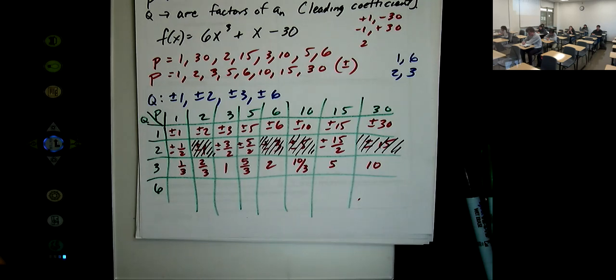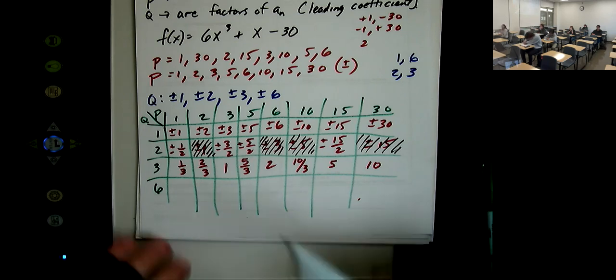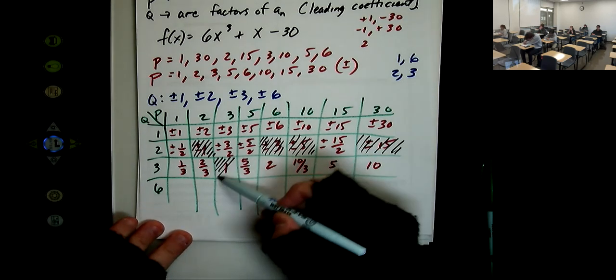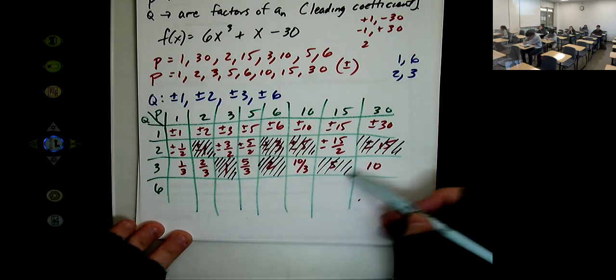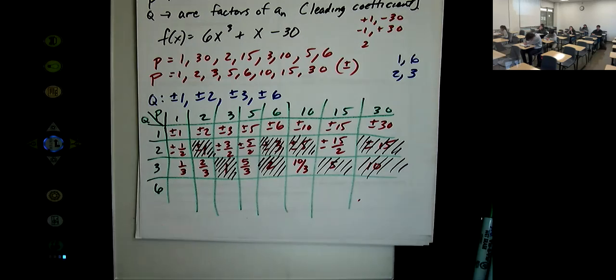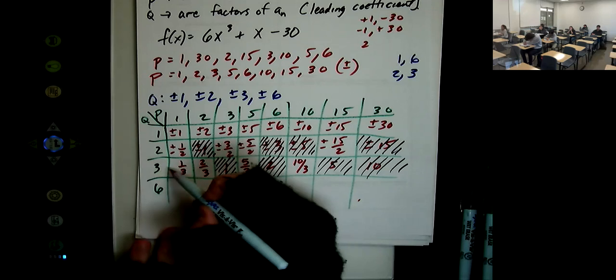So I'm just dividing by 3 on each of them. My 1, my 2, my 5, and my 10 show up on the top row.